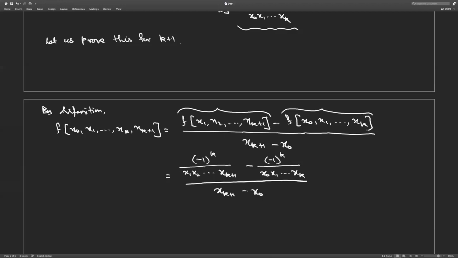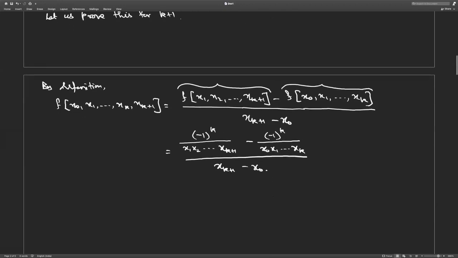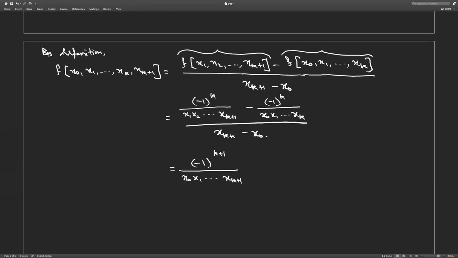Now you can just simplify this to get the same with minus 1 to the power of, now k plus 1, you can just simplify it and check. You will get this x0, x1 up to xk plus 1. So that completes the induction, and therefore the required expression for the divided difference is given by this.